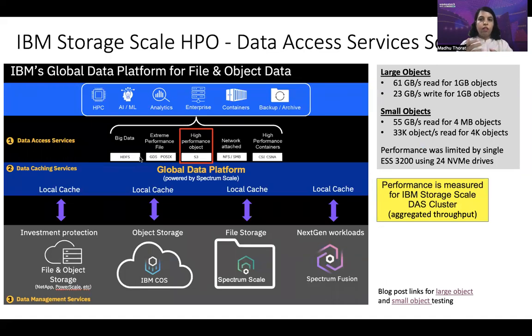Now, I would like to talk a bit about the IBM Storage Scale HPO solution, also officially known as the Data Access Services solution. IBM has built a framework called the Global Data Platform based on IBM's well-proven products like Storage Scale. This global data platform consists of a set of core data services as shown here, 1, 2, 3.